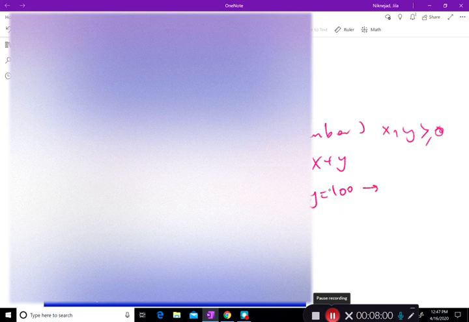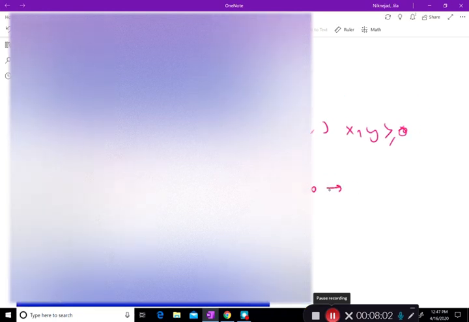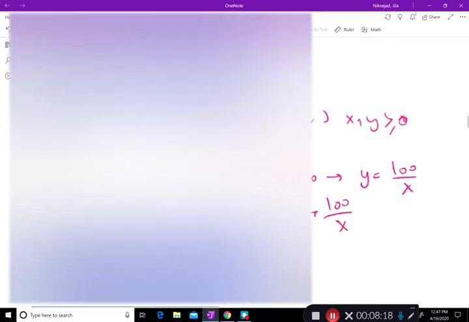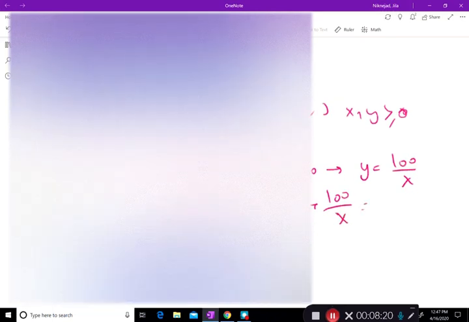So when I solve, then y is going to be 100 over x. Plug it back in. S is going to be x plus 100 over x, and then it would be x squared plus 100 divided by x.